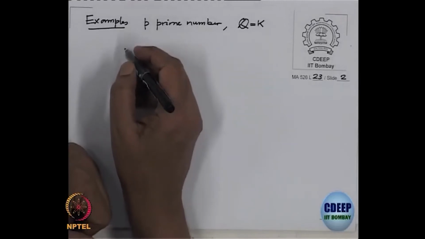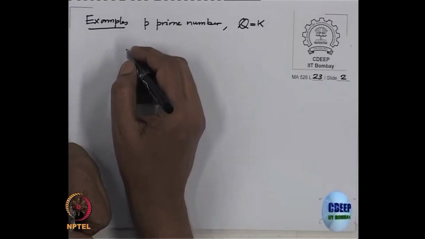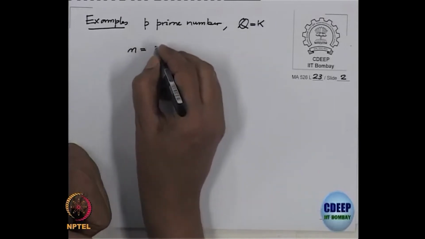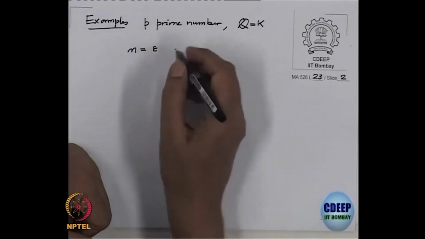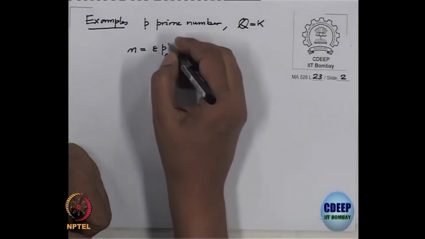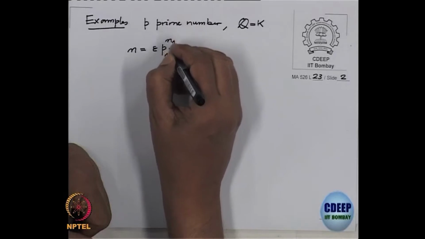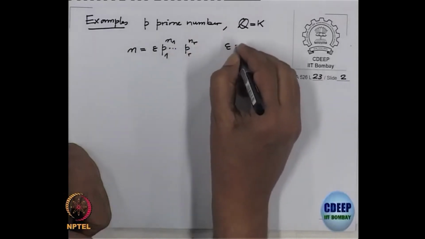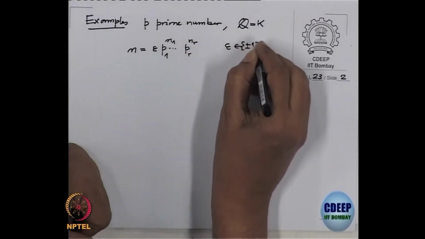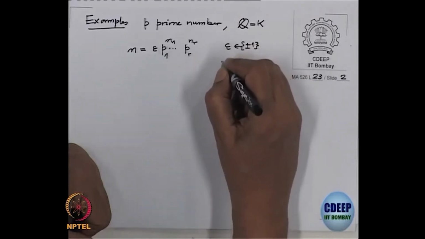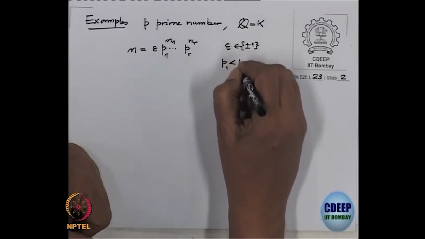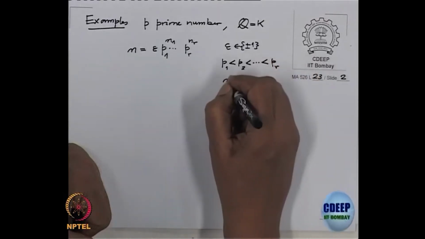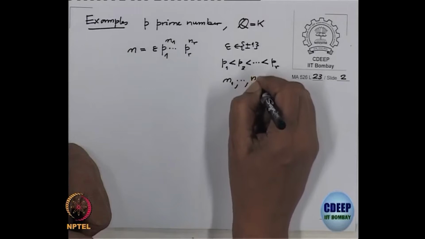By the fundamental theorem of arithmetic, every integer n we can write as a sign, that is plus minus 1, times a product of prime numbers, P1 to the N1 up to PR to the NR. For uniqueness, this epsilon is plus minus 1, and you arrange P1 less than P2 less than up to PR, and these N1 to NR are positive integers.